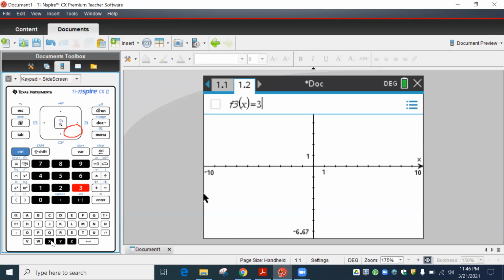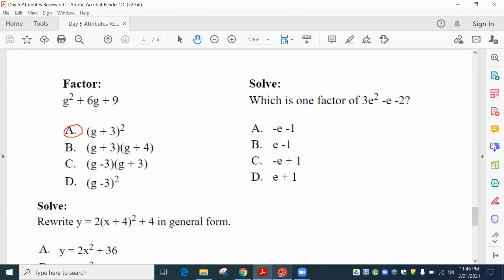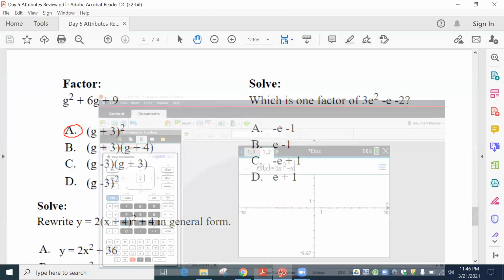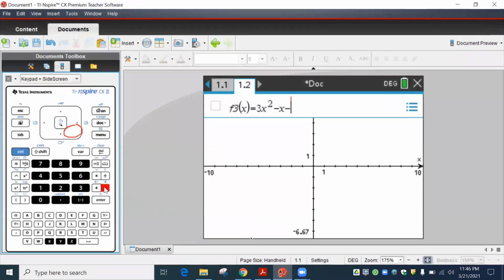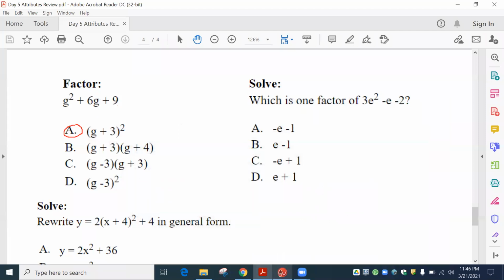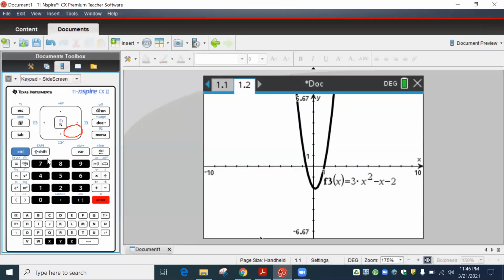So 3x squared minus x, sorry, and minus 2. All right, so I am hoping, so let's see. Let's type in tab minus x minus 1, I think is what it said.